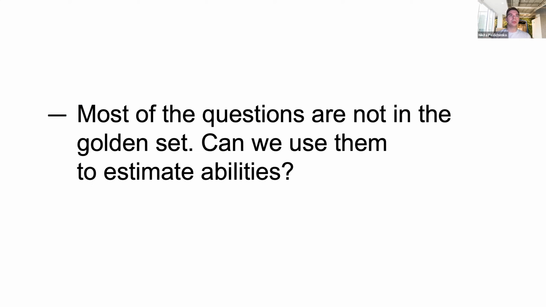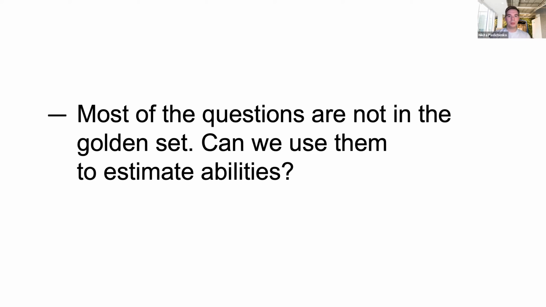Let's talk about the motivation. Why do we need some other methods, instead of the weighted majority vote? The reason is that most of the questions are not in the golden set. For example, you might label, for instance, 100 tasks as the golden ones, but can we use all of the tasks to estimate abilities?